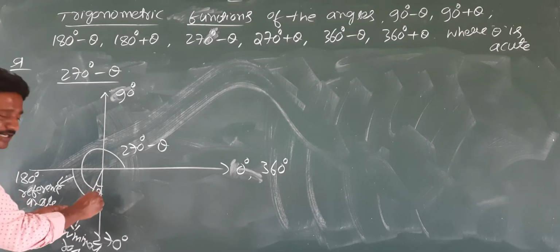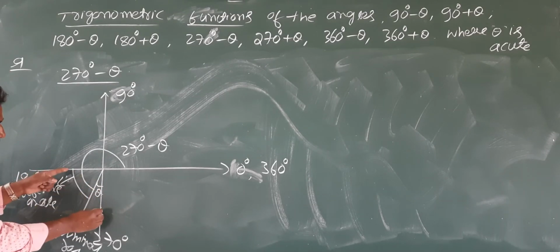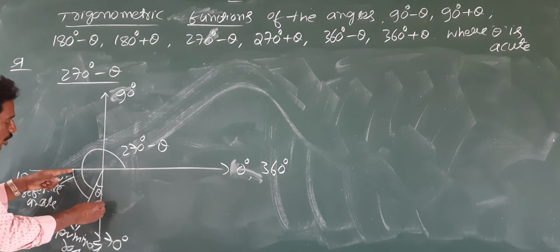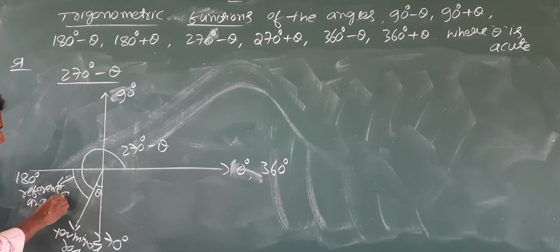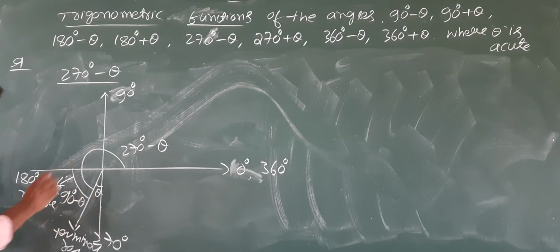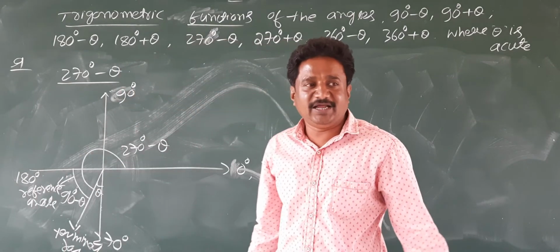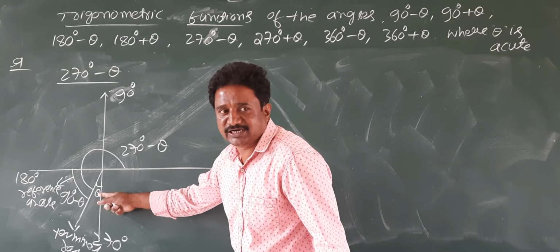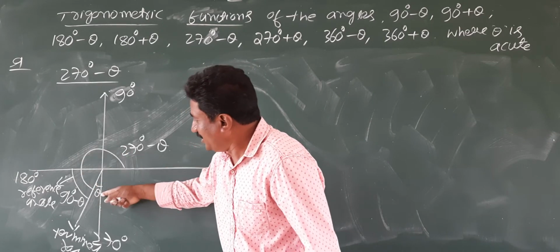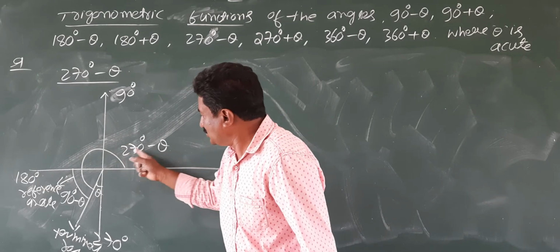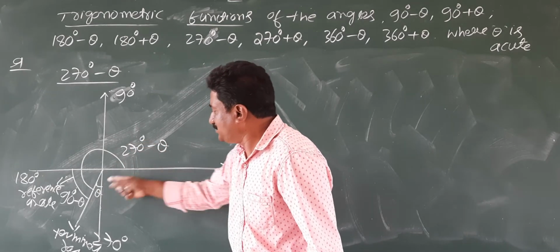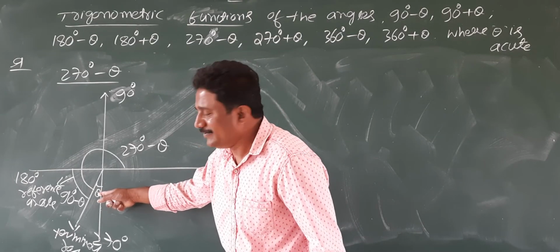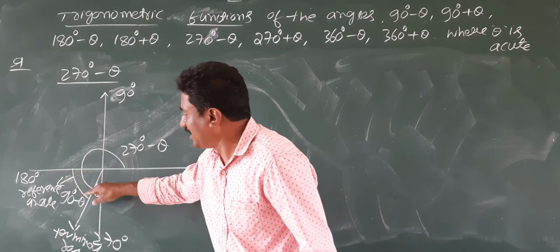This measure should be theta. From here to here it is 90. So then what is the measure of this? 90 minus theta, correct? Because up to here it is 270, and 270 minus theta plus theta becomes 270. If this becomes 270, what is the measure of the reference angle?